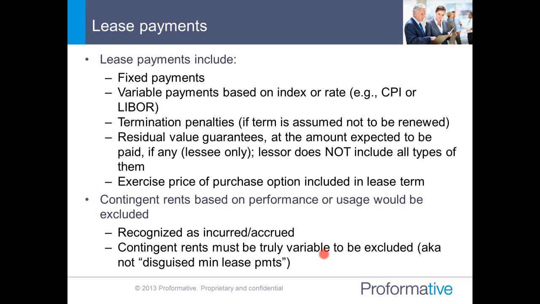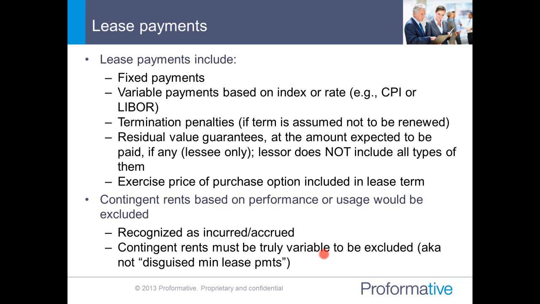Residual guarantees are included only to the extent that a payment is expected under the residual guarantee. And of course, the exercise of a bargain purchase option is included in the minimum lease payments. Now, contingent rents based upon performance or usage would be excluded and recognized more or less as incurred.